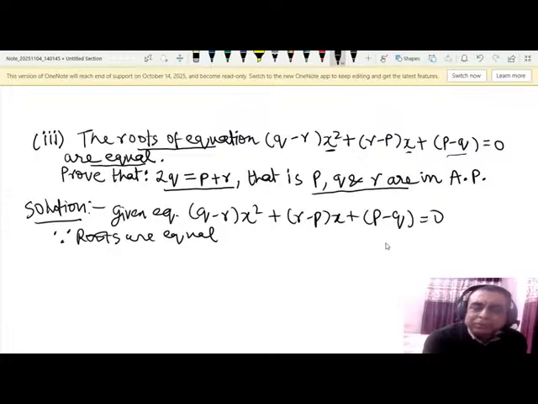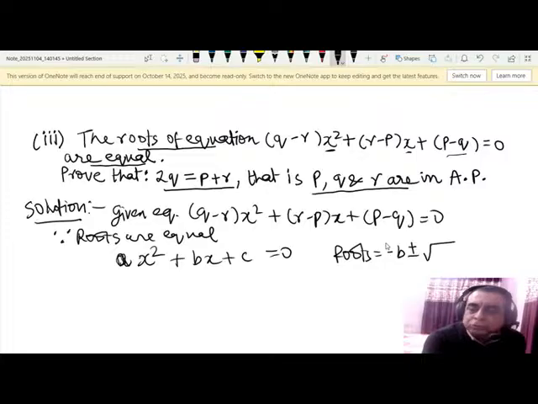We know a quadratic equation is denoted in the general form ax squared plus bx plus c is equal to 0. And the roots are minus b plus or minus square root of b squared minus 4ac, whole divided by 2a.